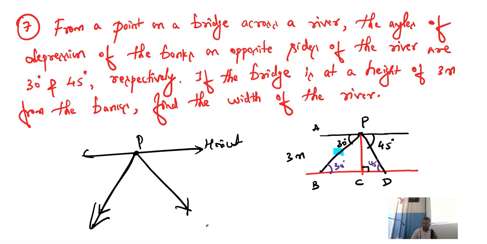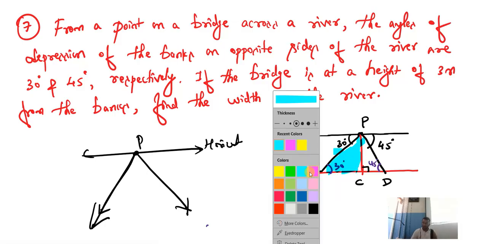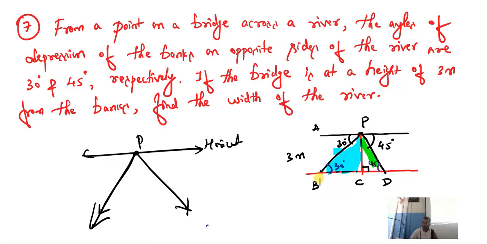Now, according to this, we have got two triangles here. This is one right angle triangle, and similarly this is one more right angle triangle. We got two right angled triangles here.